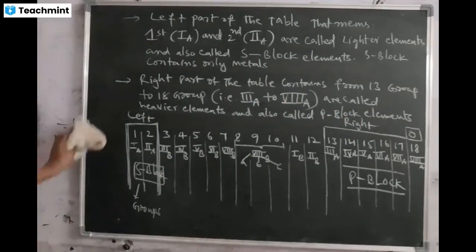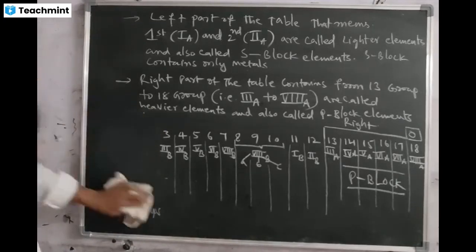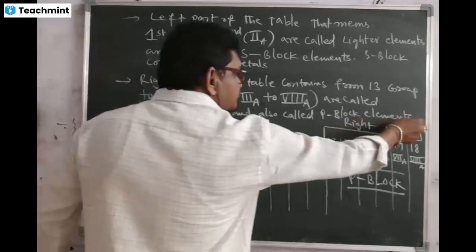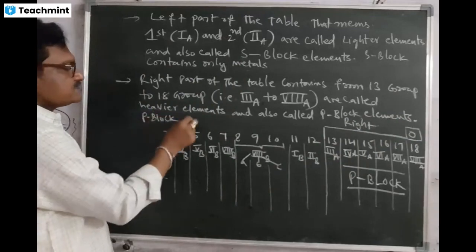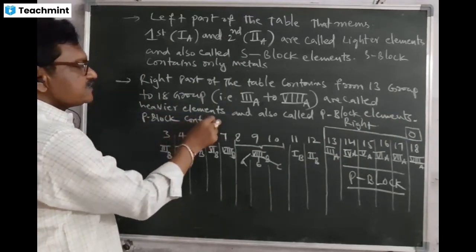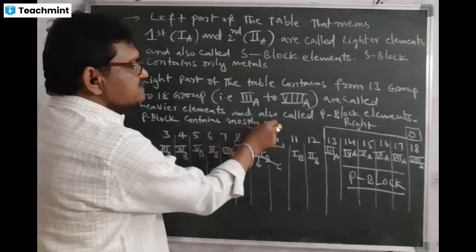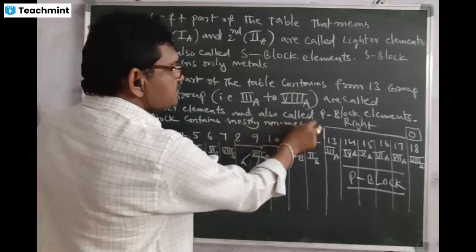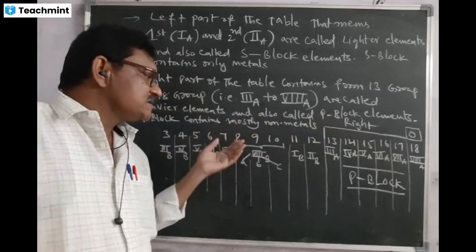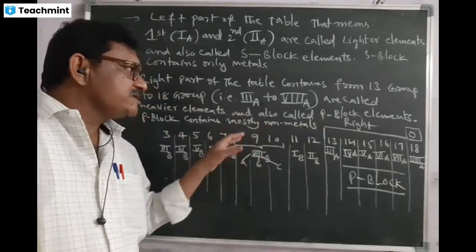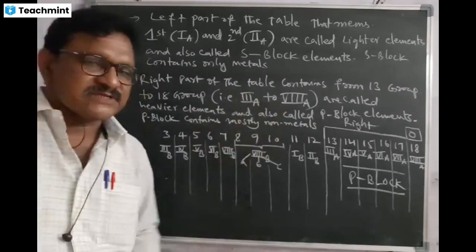P block contains mostly non-metals. This thing you have to remember. Of course, there are metals, metalloids, and also non-metals, but the majority of the elements are considered to be non-metals in the P block.